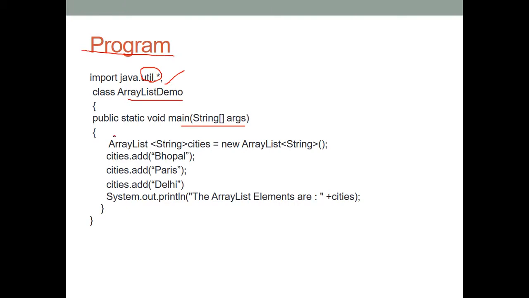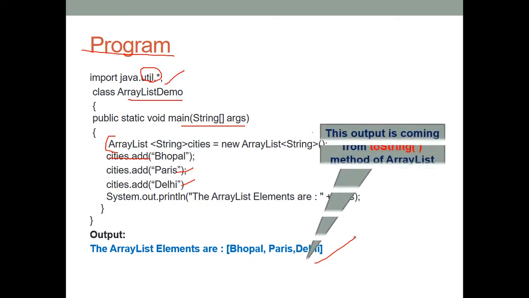We can create an ArrayList like that, an ArrayList object, and just add the values: city.add("Bhopal"), city.add("Paris"), Delhi, and just print "ArrayList elements are" and the cities. The city's toString is called automatically because ArrayList has a method called toString, so everything will be displayed automatically. I hope it is clear. So the output is ArrayList elements are Bhopal, Paris, and Delhi. Like that, we can get it.